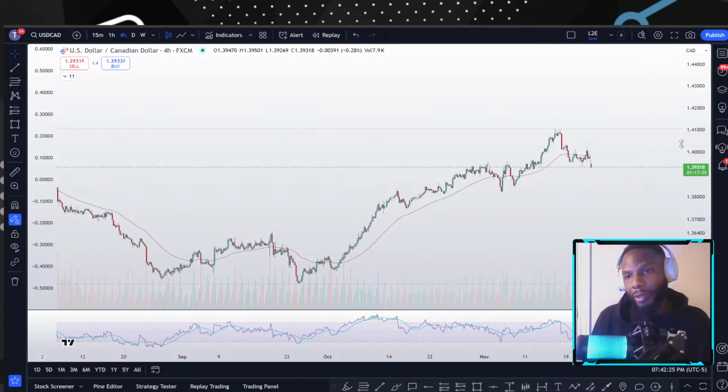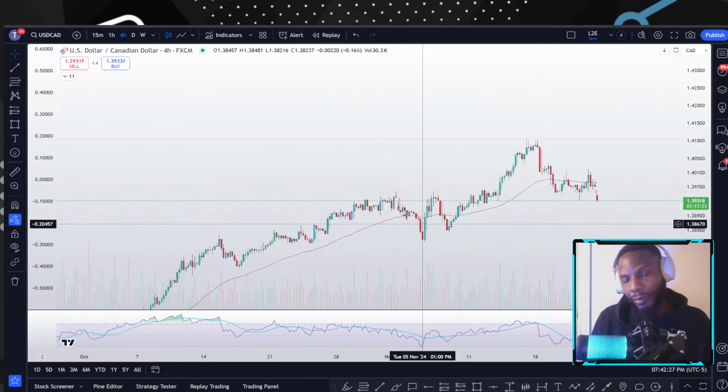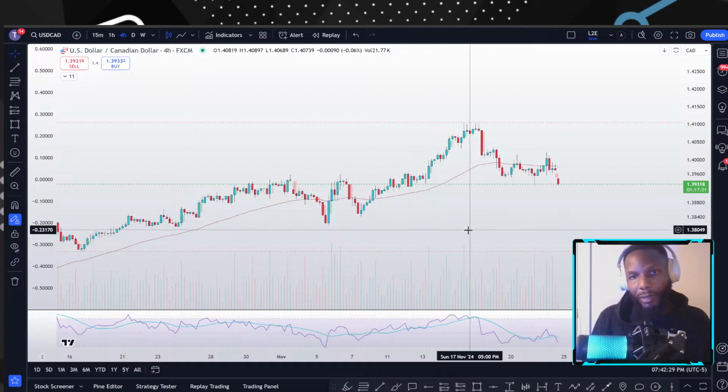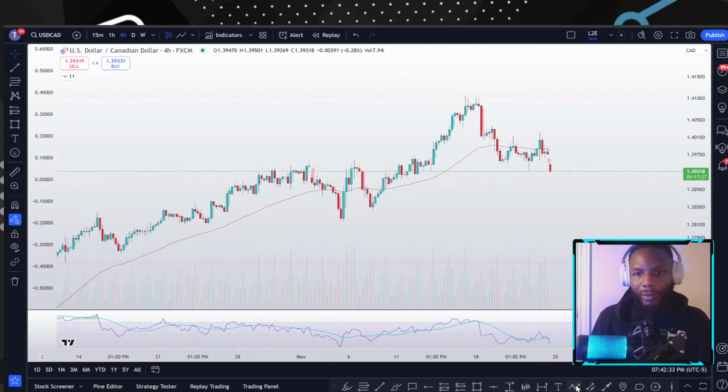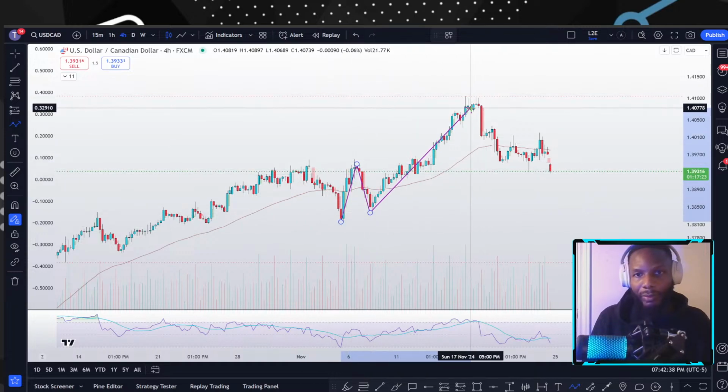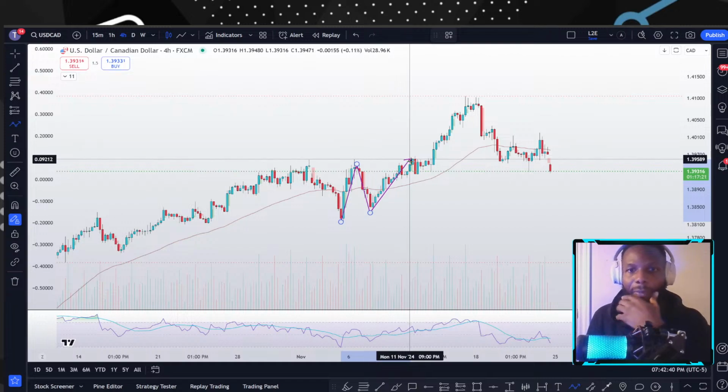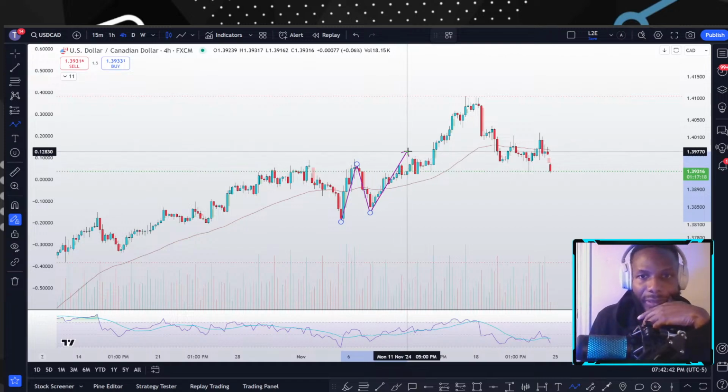So on the 4 hour, just pretty much this area right here. This is the part where you need to be careful, because you have some of these little areas in here that will count as structure, like this area right here.